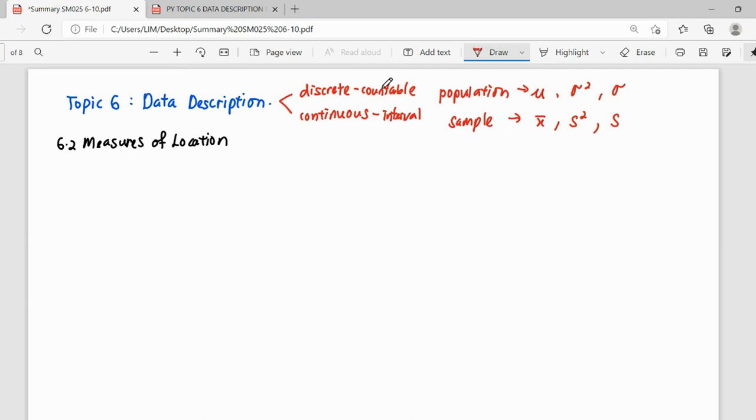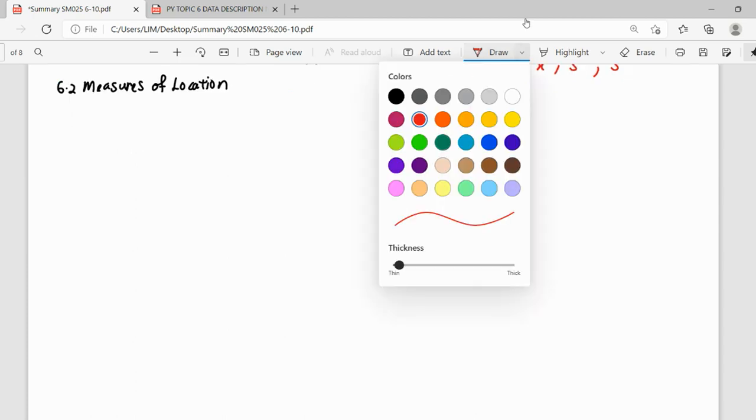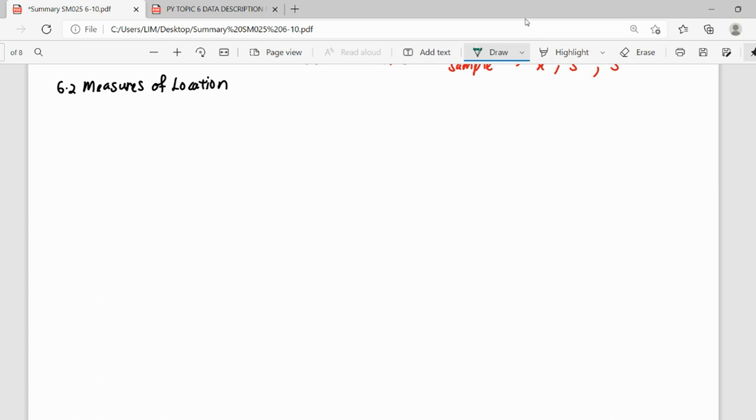So of course, when you get all this data, it can be represented in grouped data or ungrouped data. So you will have two types of data. Okay, so one is ungrouped data.